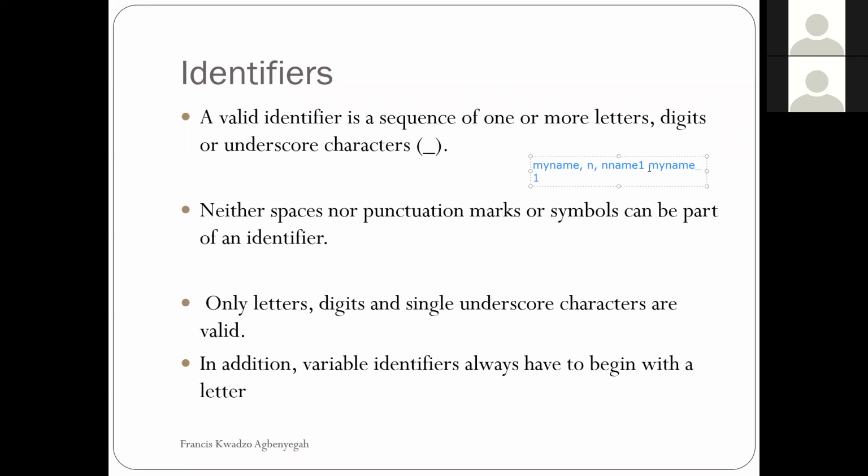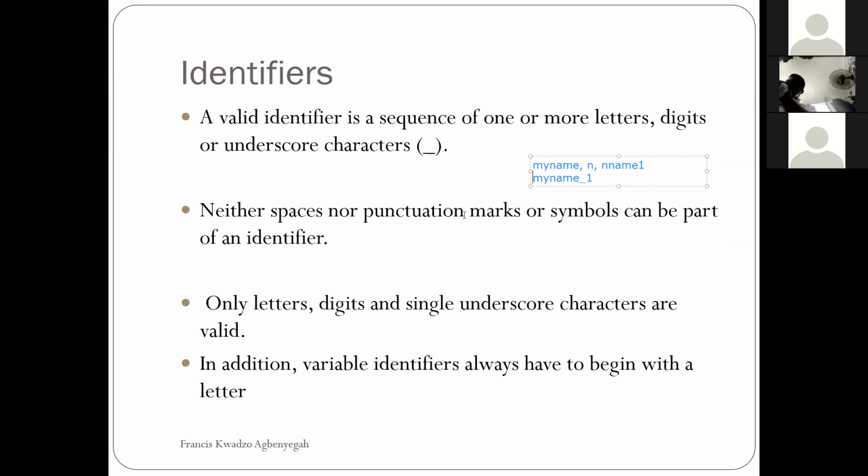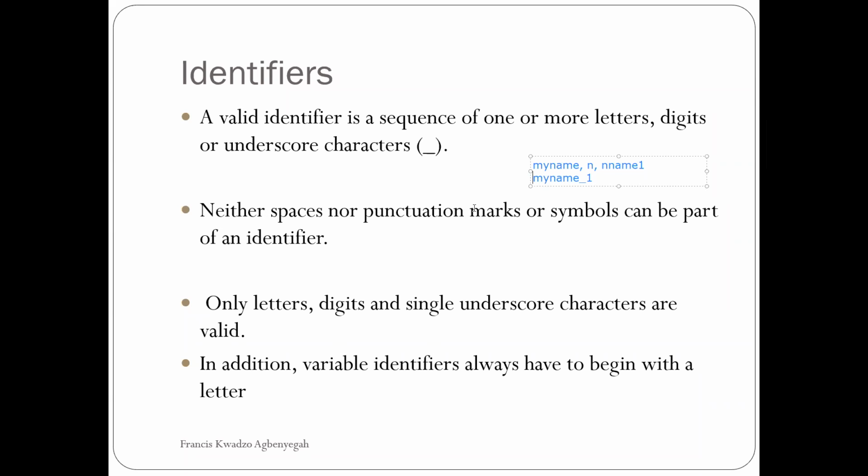You see my name, then I have underscore this way. That is what we mean by this first statement. The next one is saying that neither spaces nor punctuation marks or symbols can be part of an identifier. As you can see, I cannot name it my name and then have a space here one.